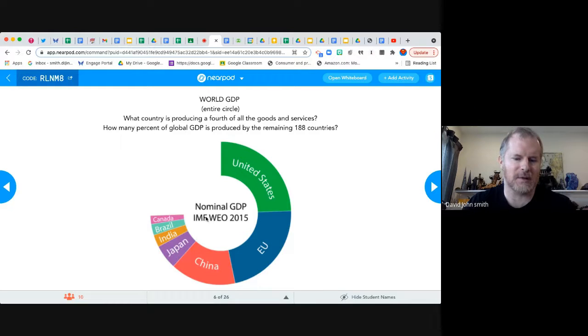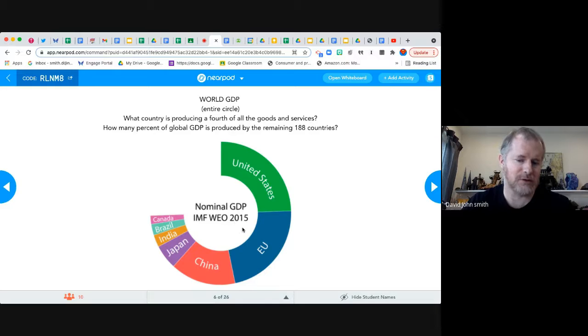This is the IMF, or the International Monetary Fund, and they are representing here the world's GDP with these countries in mind. There are 188 countries here that aren't included, but these are the rest of those 10 biggest economies that we saw before.